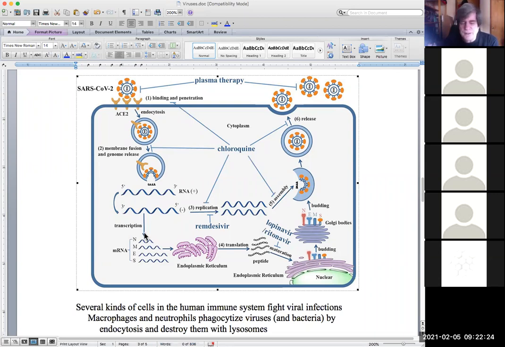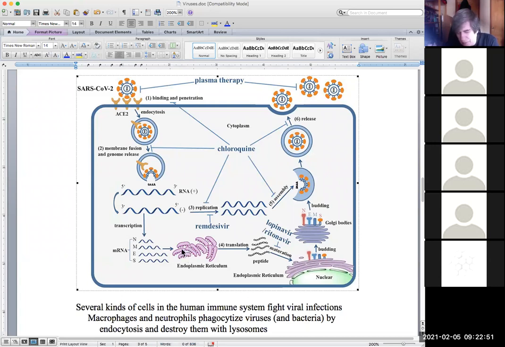The other thing that this RNA negative strand is used for is transcription. It's used to get the instructions to make all those proteins that we talked about before. The spike protein, the N nucleoprotein, the M protein, all those proteins we make the instructions for down here.